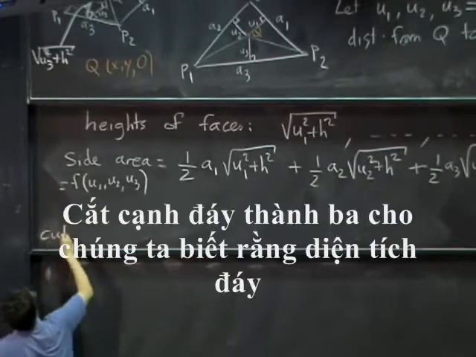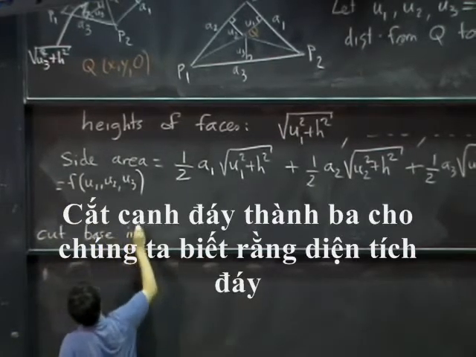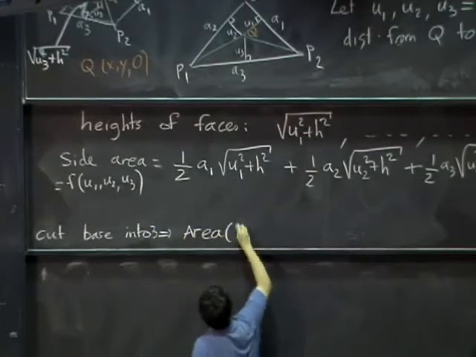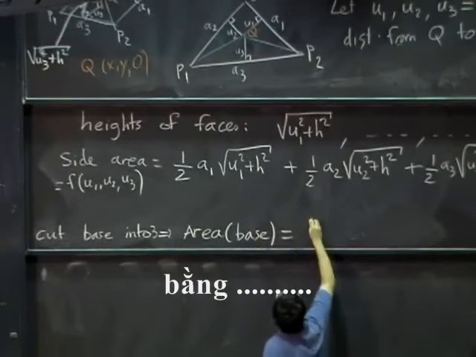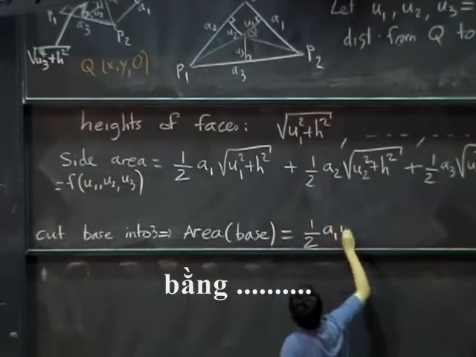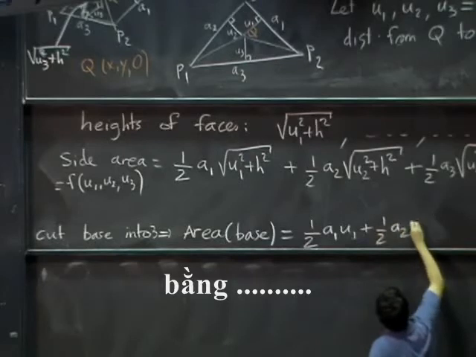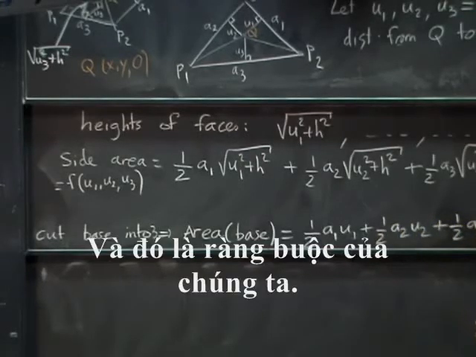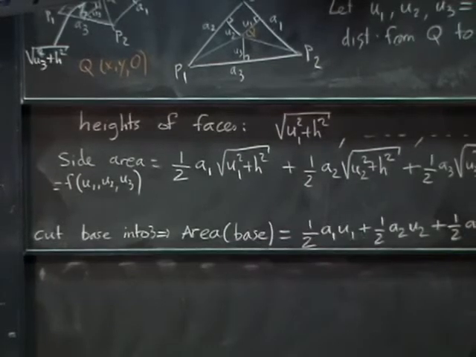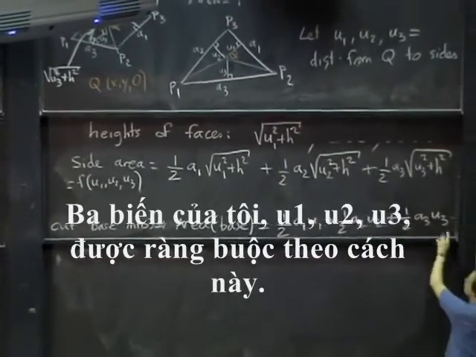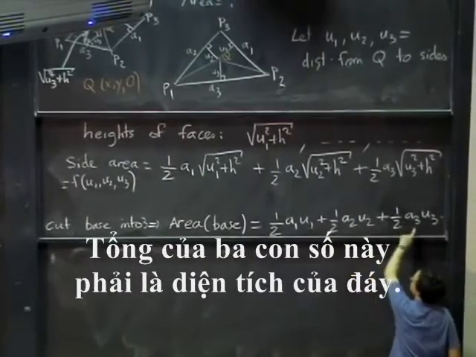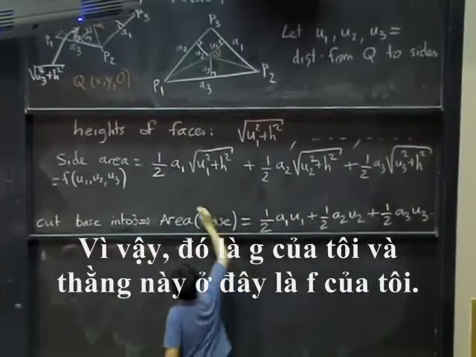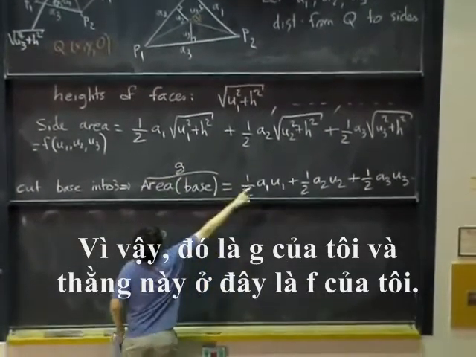So cutting the base into 3 tells you that the area of the base is 1/2 of A1 U1 plus 1/2 of A2 U2 plus 1/2 of A3 U3. And that's our constraint. Okay? So my 3 variables U1, U2, U3 are constrained in this way. The sum of these 3 guys must be the area of the base, and I want to minimize that guy. So that's my G. Okay, and that guy here is my F.